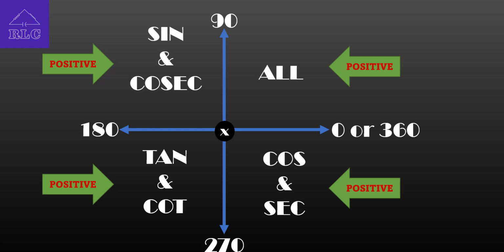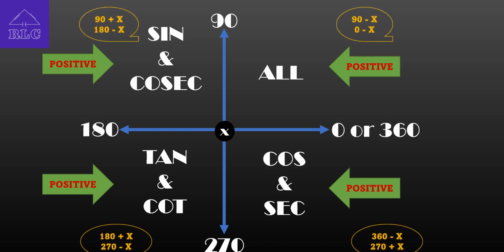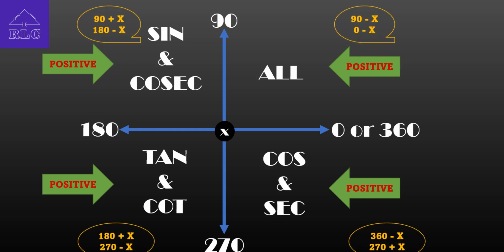Let us have a review of the regions also. The first quadrant region is 90 minus x or 0 plus x, or you can include this also, 360 degrees plus x. This region we also call the first quadrant itself.